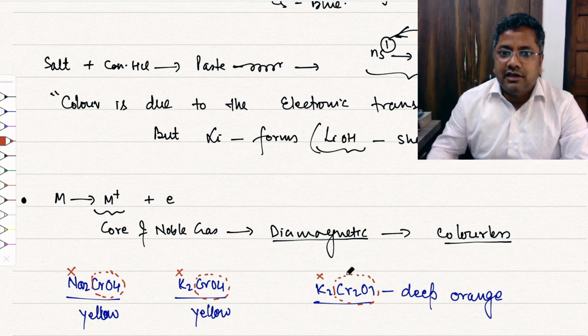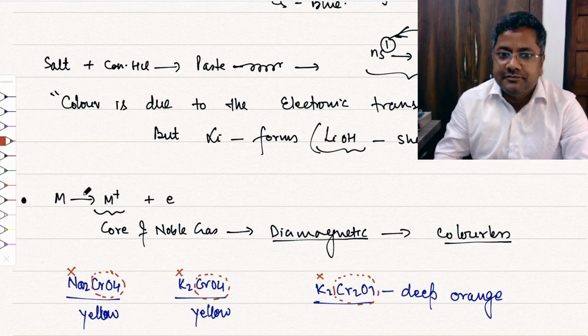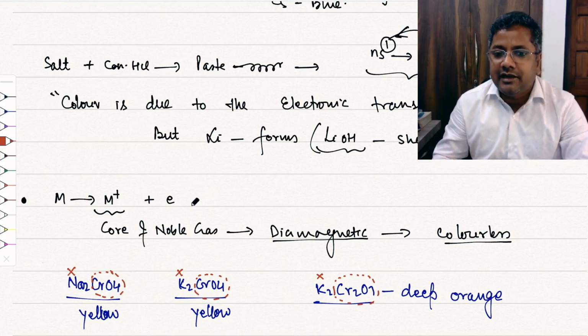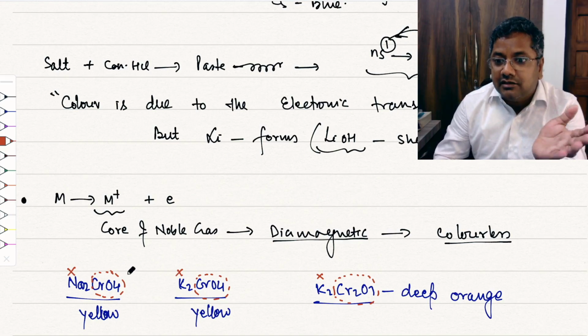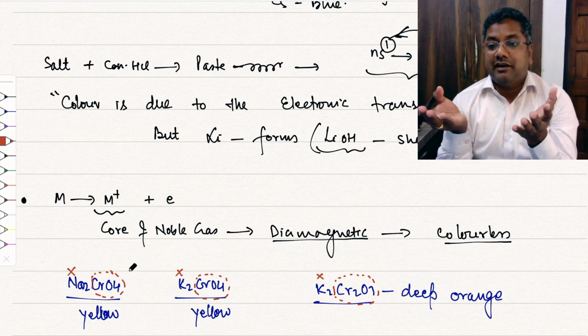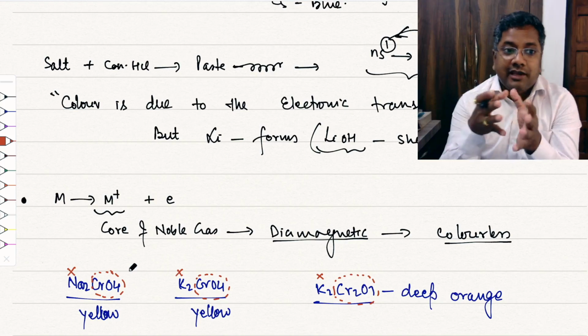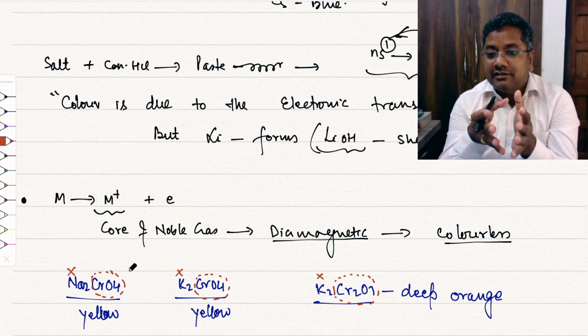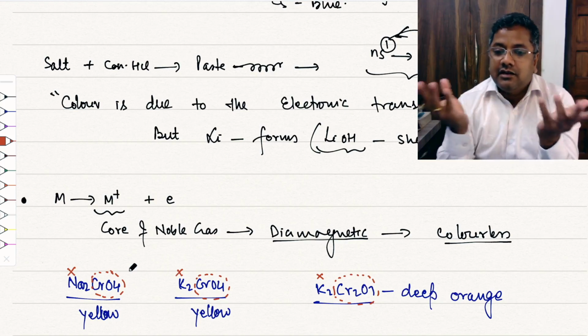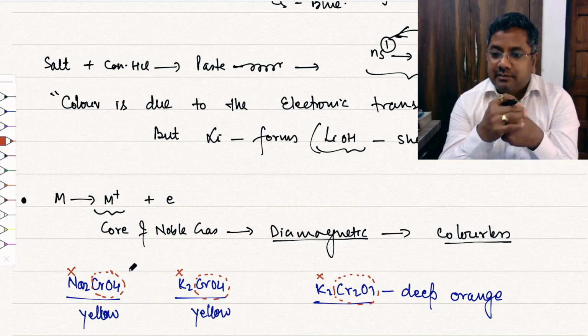So this is the color and magnetic behavior. All are diamagnetic as far as the metal is concerned, but a compound may be paramagnetic due to the other anion, right? So we have to analyze case by case. We cannot say that no compound of the first group is paramagnetic.